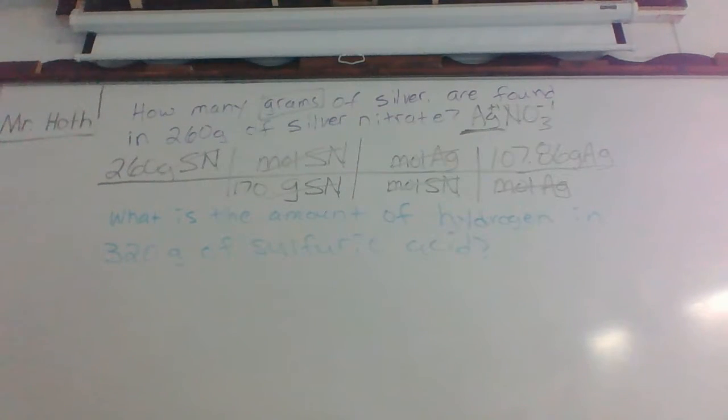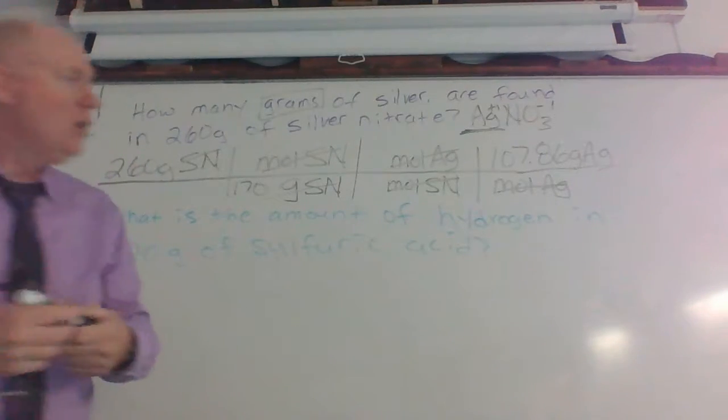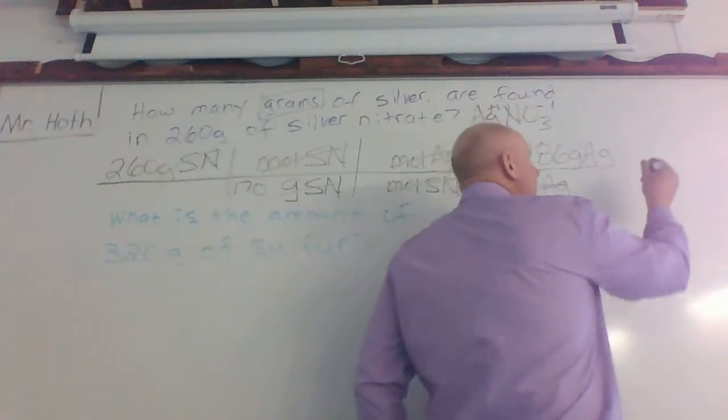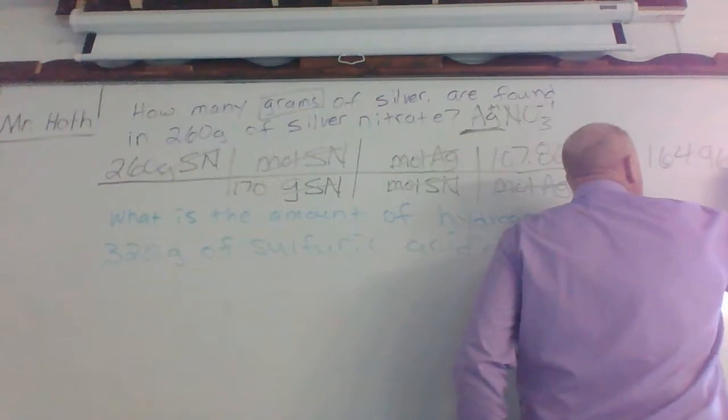So in this case, we'll take 260 times 107.86 and divide that by 170. We get 164.96. Okay, 164.96 grams of silver.